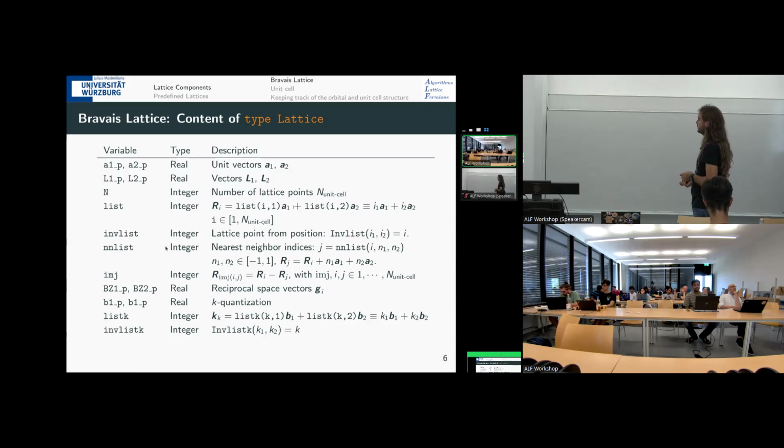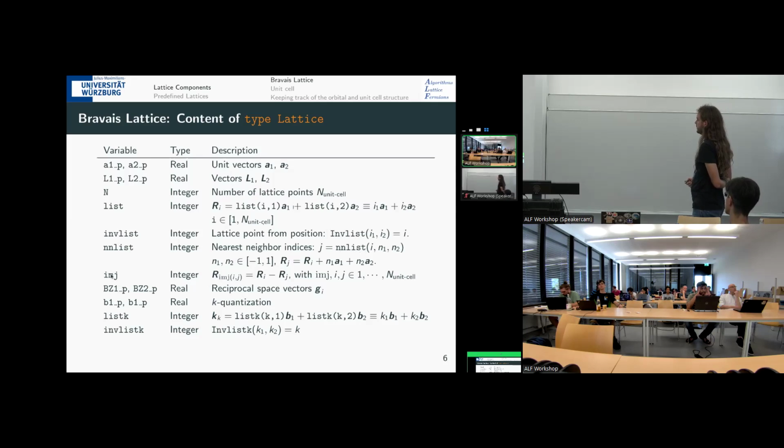And then you can also easily find the nearest neighbors. This is very handy if you build some square lattice or any hopping, since you can easily get the nearest neighbors with this NN list array.